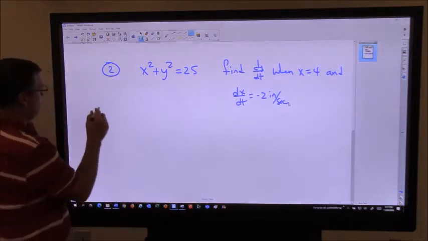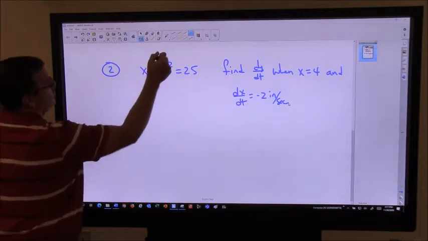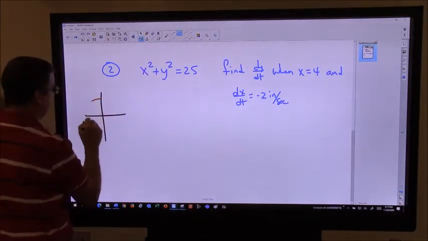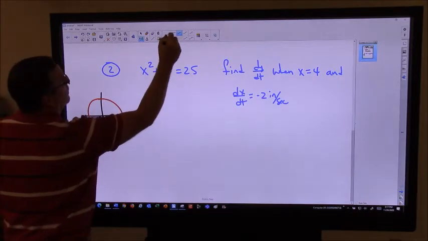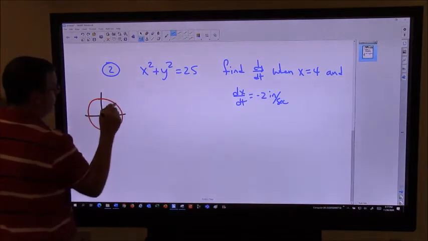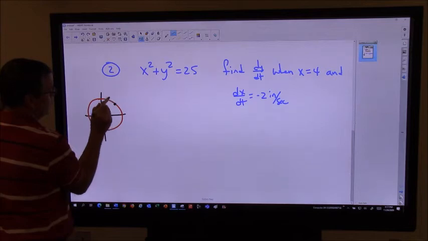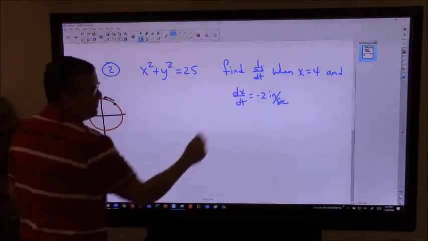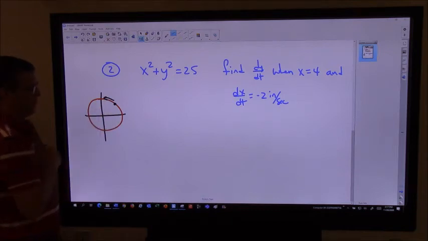Well, if you think about a circle, let me just draw a quick graph here. Here's my circle. I've got this point. If it's moving this way, that's where my x values are decreasing. They're getting smaller.